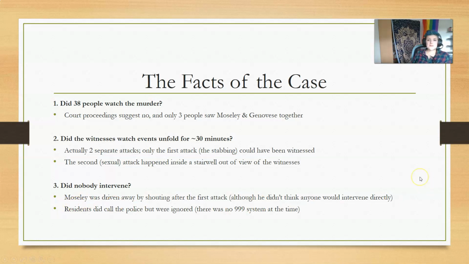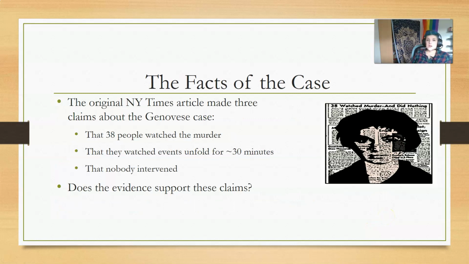And the fact that nobody intervened, well, that's not actually true. People did intervene during the attacks, but they were ignored. And so, whilst this case is really important and to understand why people don't help is really important, it's actually not a very good example of understanding why people may or may not intervene in cases like this.